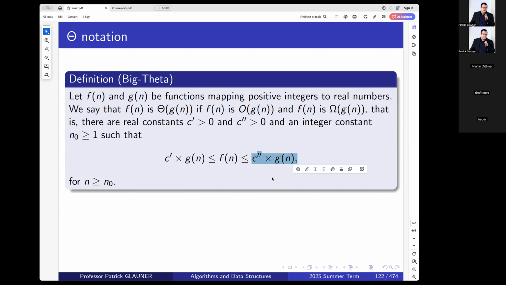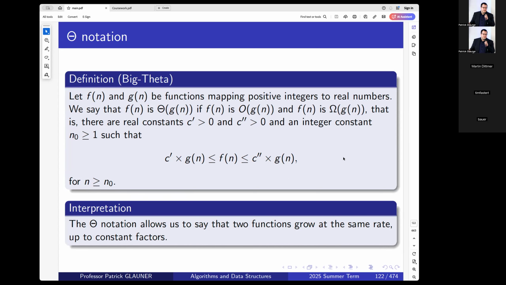So this is the upper boundary, but also the lower boundary where c prime times g of n is the lower boundary of f of n. So g of n is now an upper and a lower boundary at the same time, subject to our n's that are greater than the threshold and concrete constants. And here these constants, c prime and double prime, may have different values.